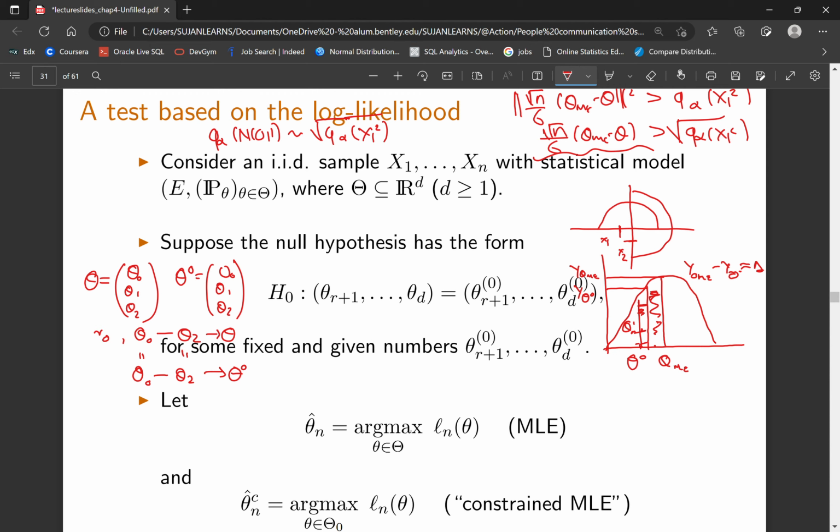For that, we have a general setup where x is a random variable with dimension d equal to 1 or greater, and we have a null hypothesis where we have picked a variable r, which can be 0 or more, and we are saying that all the coordinates after r have to be equal between theta and theta naught. That's all we are saying.